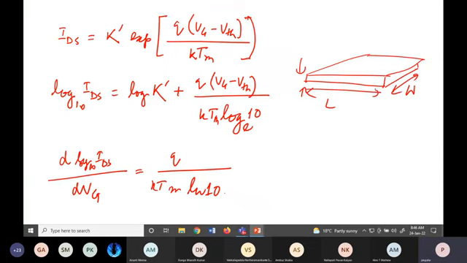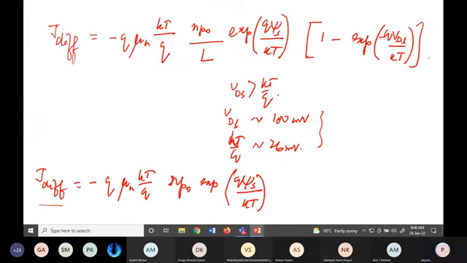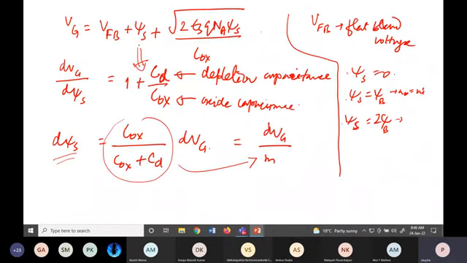You multiply this with J diffusion to find IDS. IDS will have these factors: Q, Vg, Vth, K, Tm and K dash. So you go through it by yourself and see what you get for K dash.